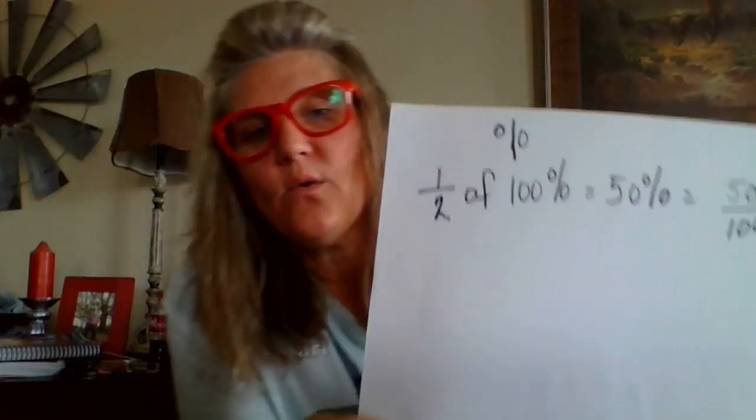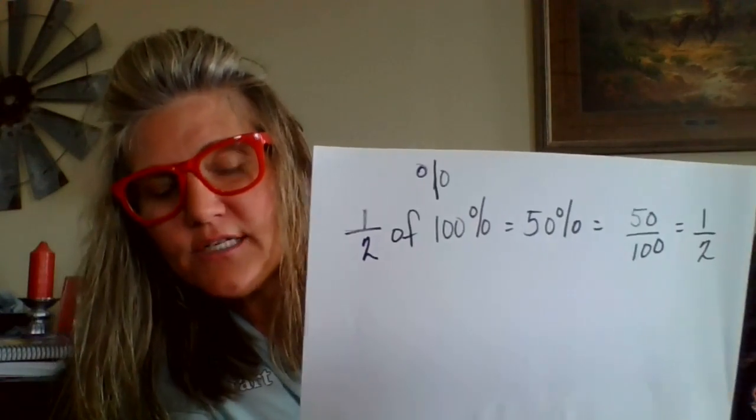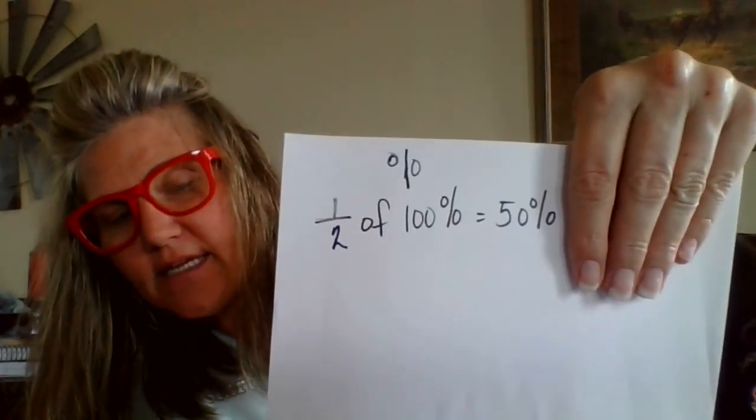Okay. Now, 1/2 of 100% equals 50%, which also equals 50 over 100, which also equals 1/2. So 1/2 of 100 equals 50%.